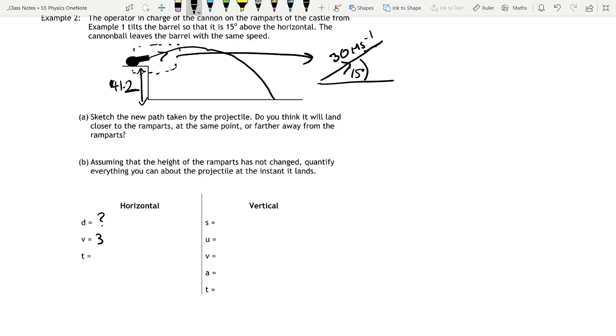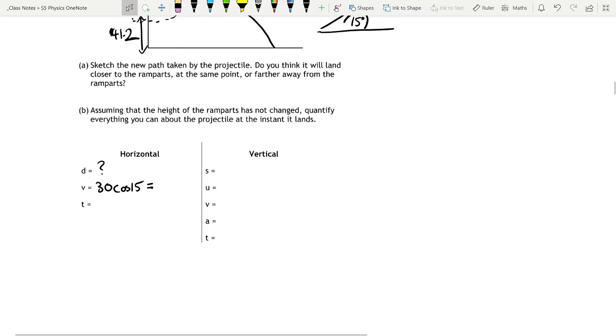So 30 cos 15, and I know that the mathematicians amongst us will want to leave it like that, but we have to work it out. In physics, they won't give you the mark if you just leave it as a cosine. So that comes to 29.0 meters per second. So you need to put it into your calculator. Be careful with your radians and your degrees.